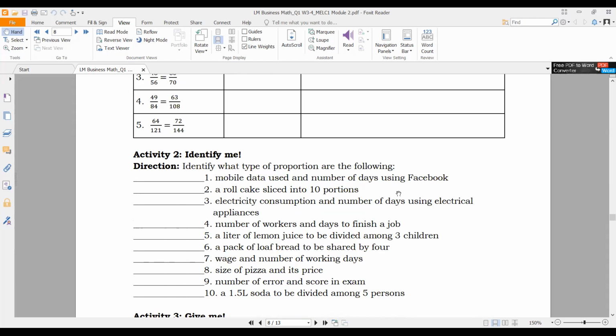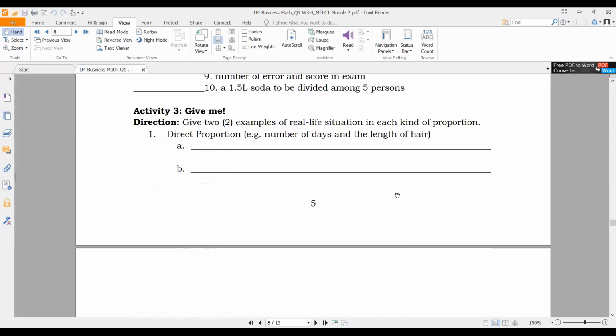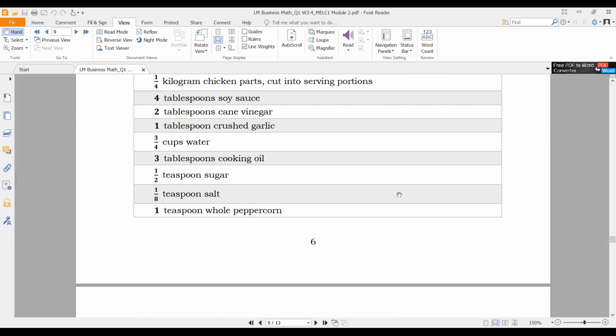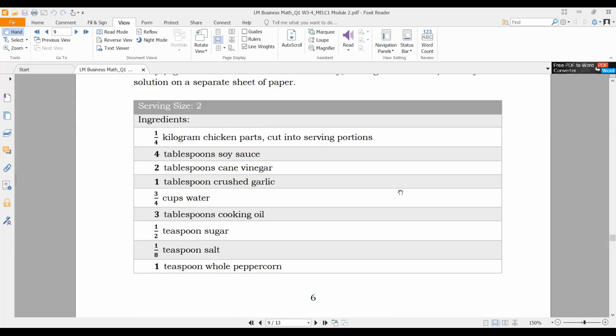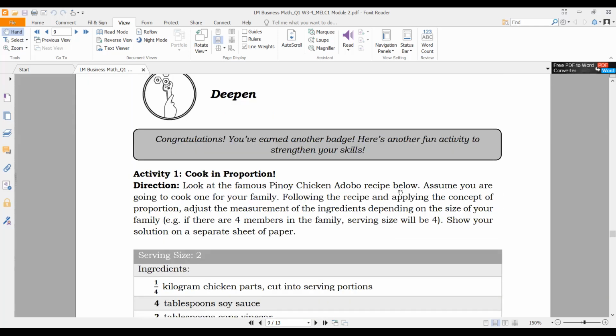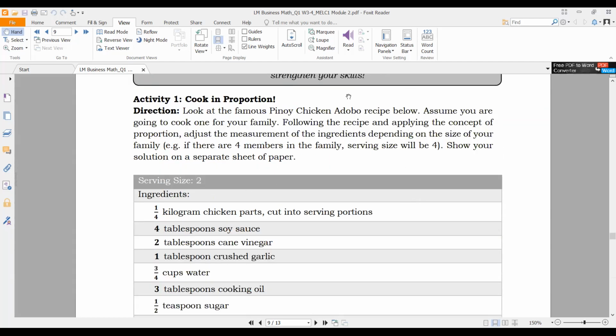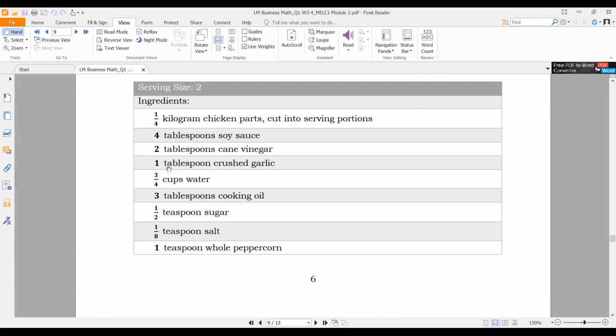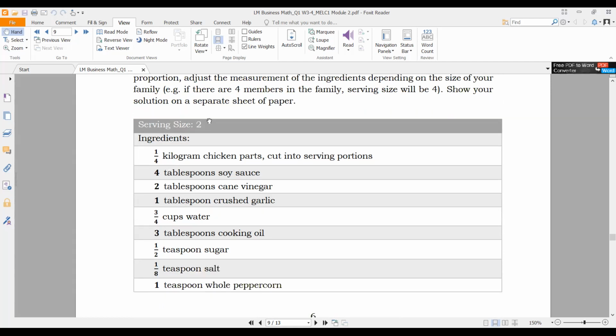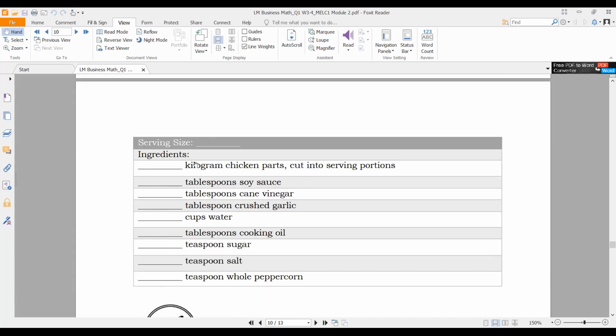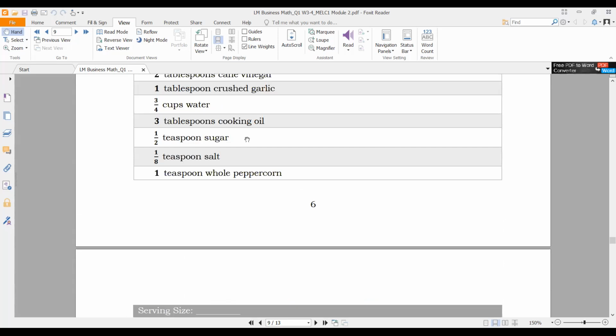Depende kung anong sinasabi ng ating sitwasyon. Next, number 3. Deepen. Itong deepen naman, may given, magpapakita kayo. So, ito ay pagluluto ng adobo kapag ang serving natin ay dalawa. Ang tanong ko ngayon, what if baguhin natin ang serving?